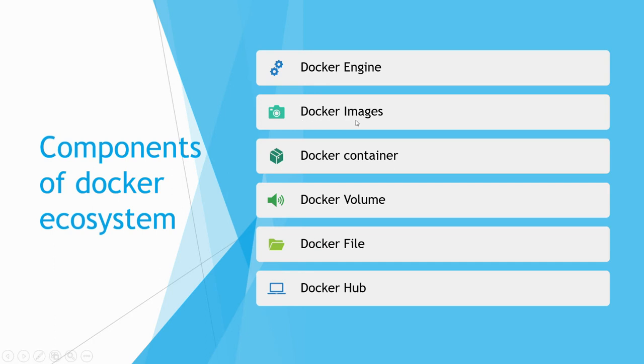Initially we will do everything manually: how to pull the image, how to run a container, how to stop the container. So using a Dockerfile, you can automate all the steps. And we have something called Docker Hub.